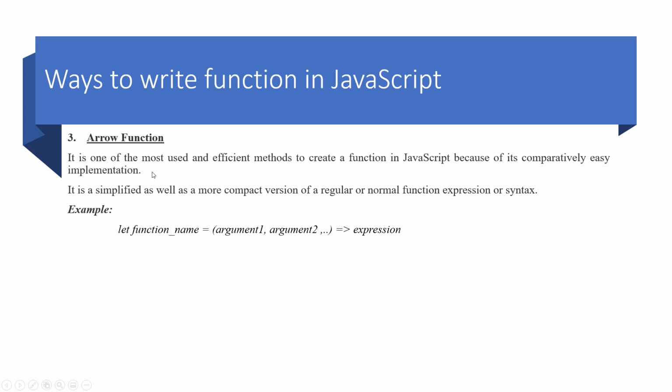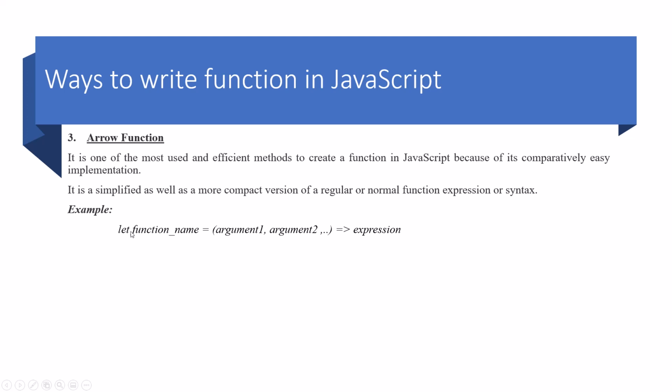Next is the arrow function. It is one of the most used and efficient methods to create a function in JavaScript, because it is comparatively easy to implement. It is a simplified and more compact version of the regular function expression syntax. This is the example of how we write a function using arrow functions.